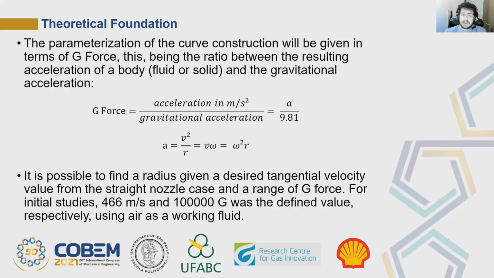So if we open a circular shape, from a given velocity in a straight section and a g-force number, we can reach a radius for the arc of the geometry, okay? So we found for the straight section 466 meters per second, and 100,000 G was the finite value for the velocity and the g-force, using air as working fluid, okay?